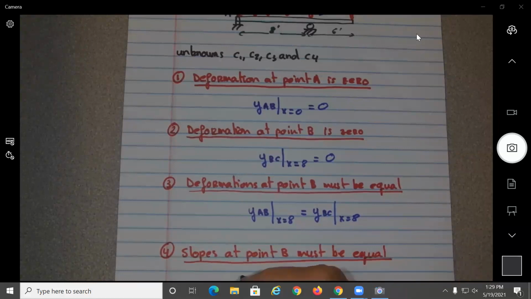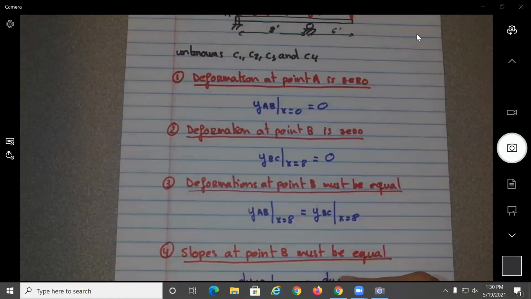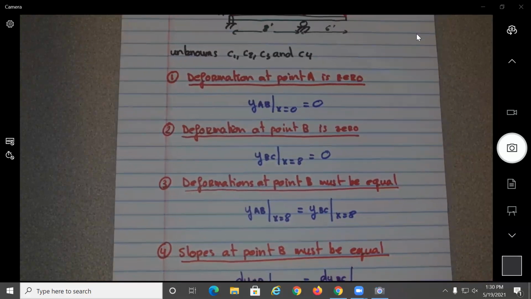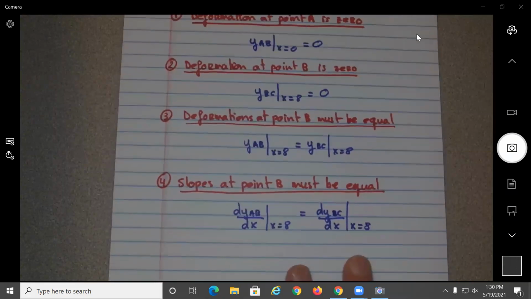Which this time will mean what? DYAB dx at X equal 8 must be equal to DYBC dx at X equal 8. Yes. So that's basically what we have.